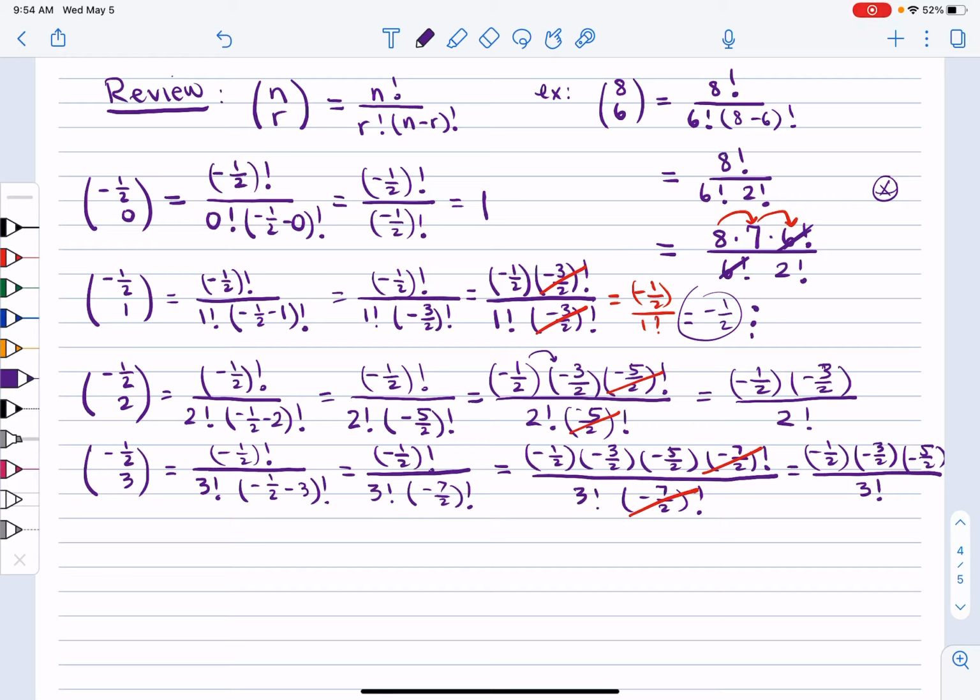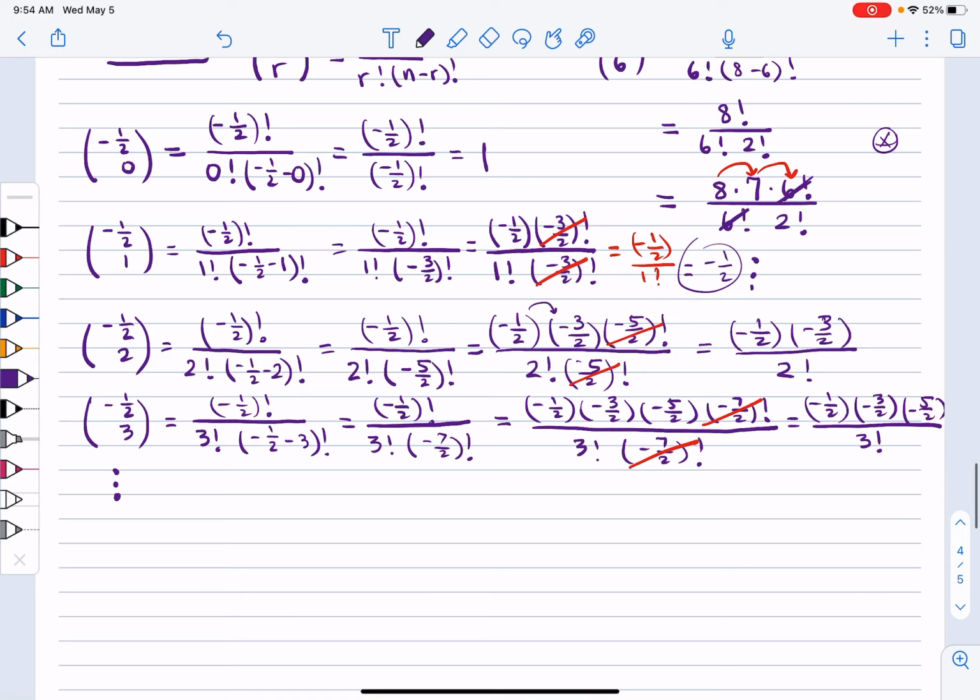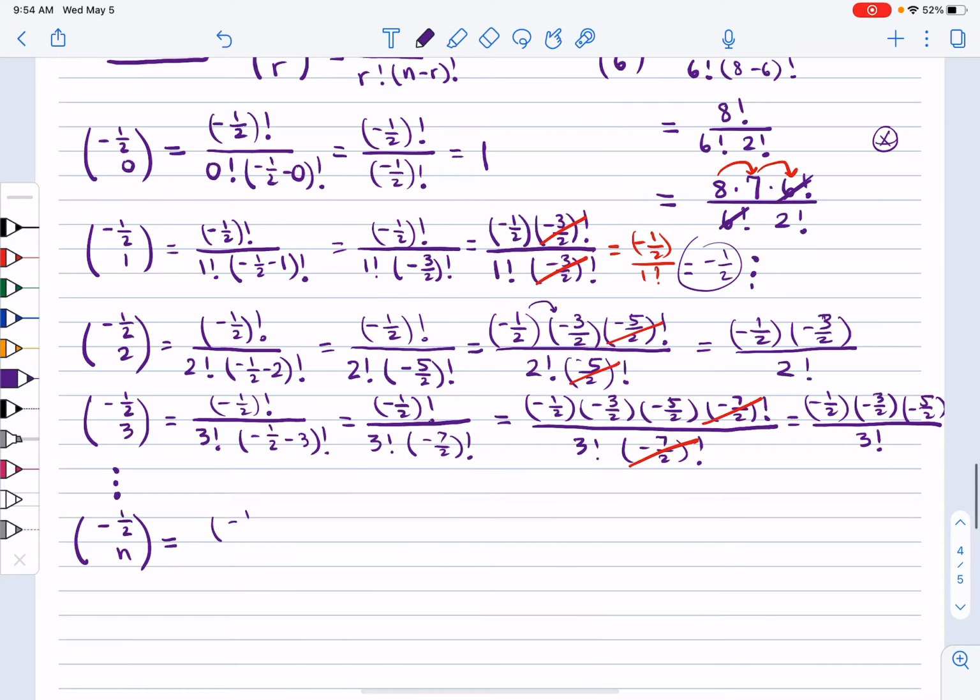All right, so let's continue here. If you were to do this all the way up to, let's say, negative 1/2 choose n, your formula would be equal to negative 1/2 factorial over n factorial, negative 1/2 minus n factorial.